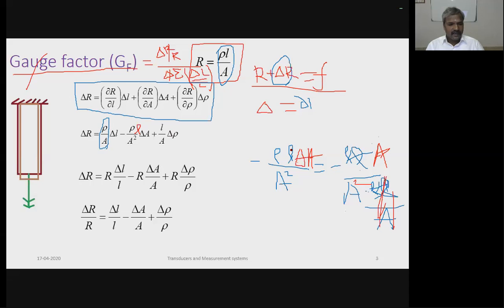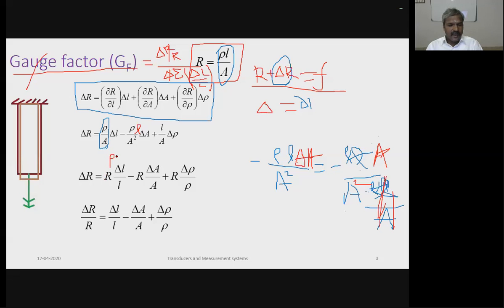Okay, this is okay. In the next step, what we are doing is simply multiplying by R on both sides. If you multiply this entire equation by R, we are making this form into R. Substitute R here. So how to replace rho by A by R? So what is R?